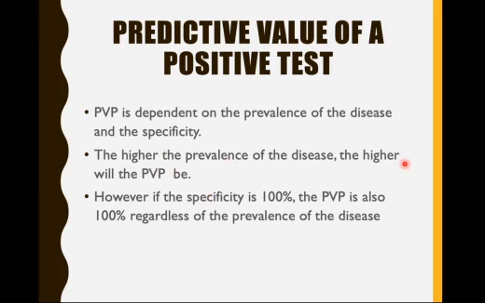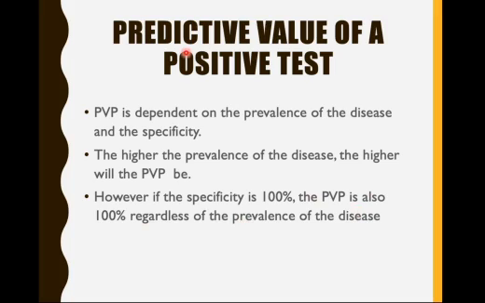Now, if the specificity is high, the predictive value of a positive test will also be high. But even if the specificity is high, if the prevalence of the disease is not that high, then the predictive value of a positive test won't be that high.